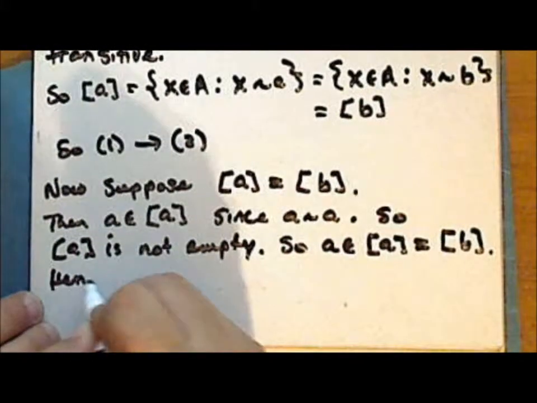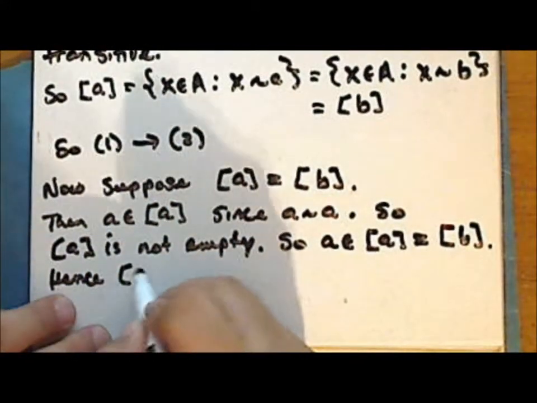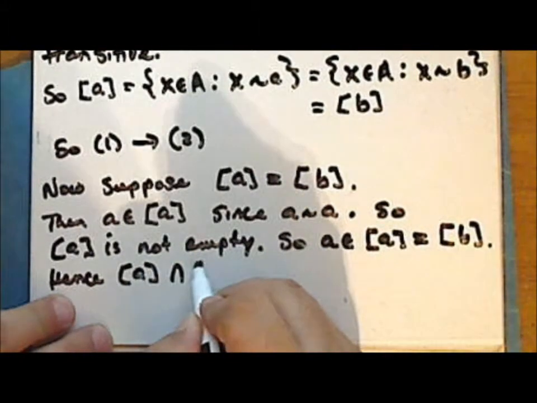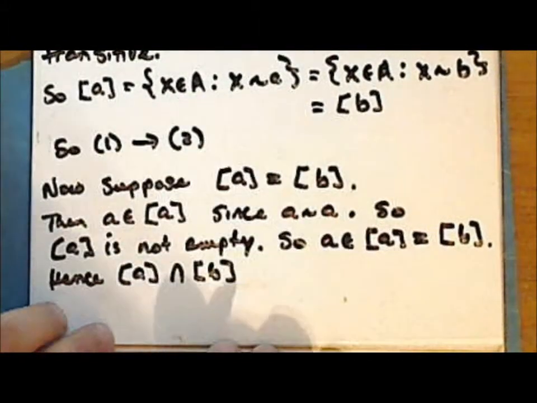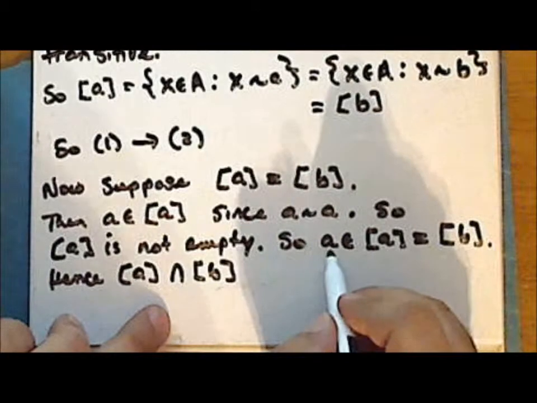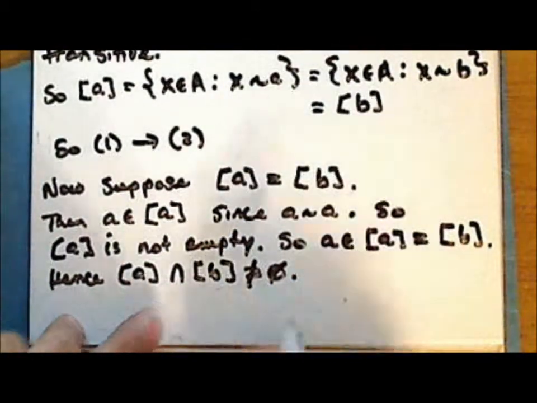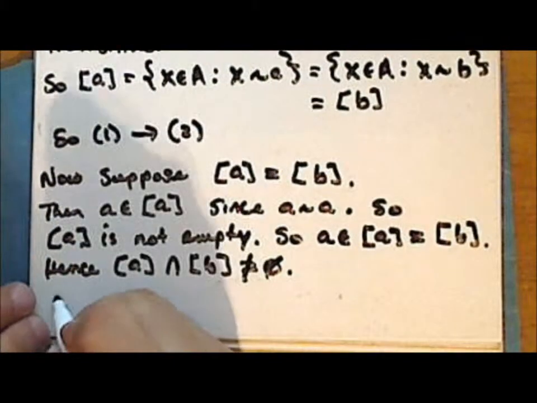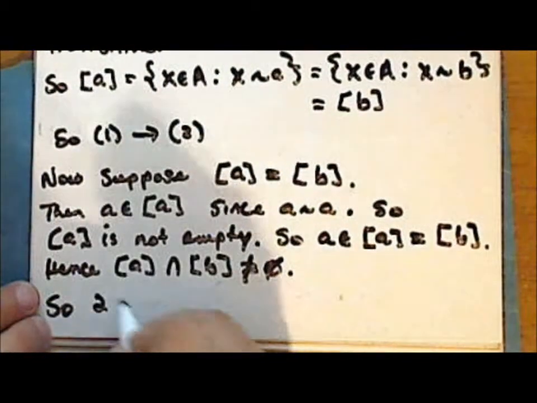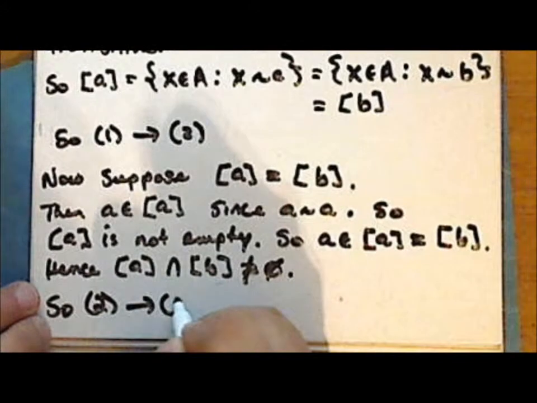And so the intersection of these two sets is not empty, since they contain at least one element, and that is the element a. And so the second statement implies the third.